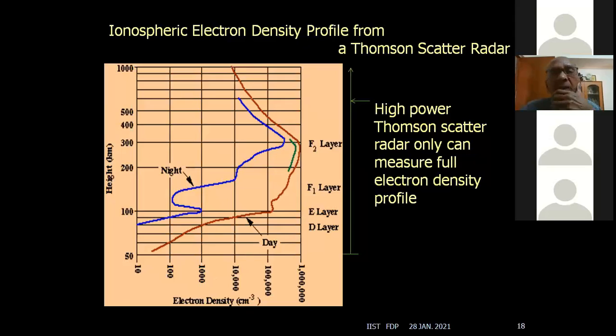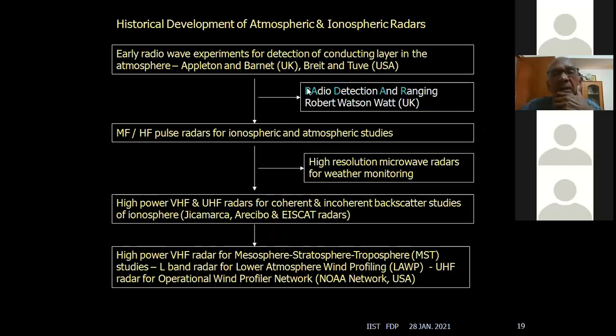So this is the evolution of the radars. First was the invention of the radars in the HF range, MF to HF range, that is the 300 kilohertz to 30 megahertz range, and the detection of targets, the aircraft, by Robert Watson-Watt. Then came the weather radars.